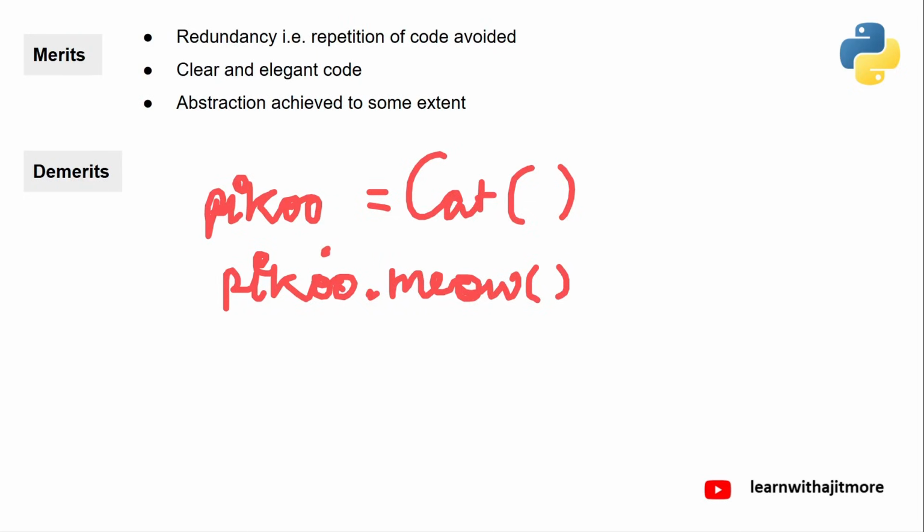No need to call set data explicitly, because sometimes by mistake, if you forgot to call set data and you're directly calling meow, it gives an attribute error. Okay, so such a problem should not arise.